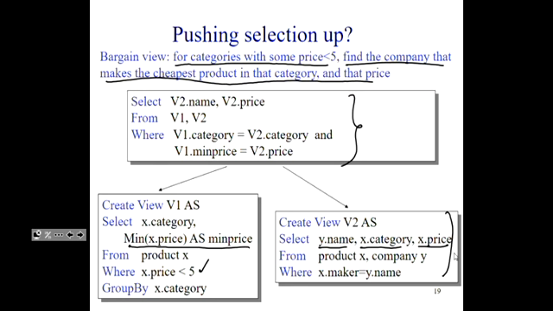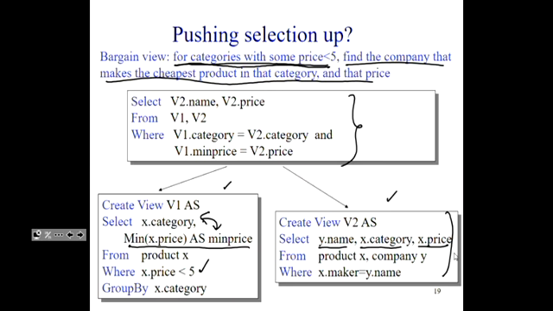So once again, the eventual query that I want is for categories with some price that is less than 5, find the company that makes the cheapest product in that category and that price. For every category I'm finding the minimum price as long as that minimum price is less than 5. That's on the left hand side.